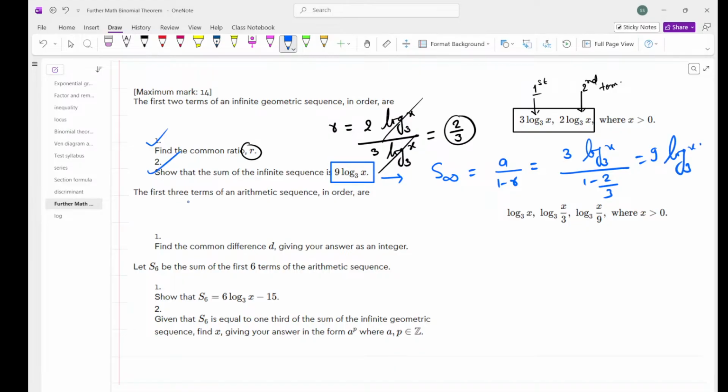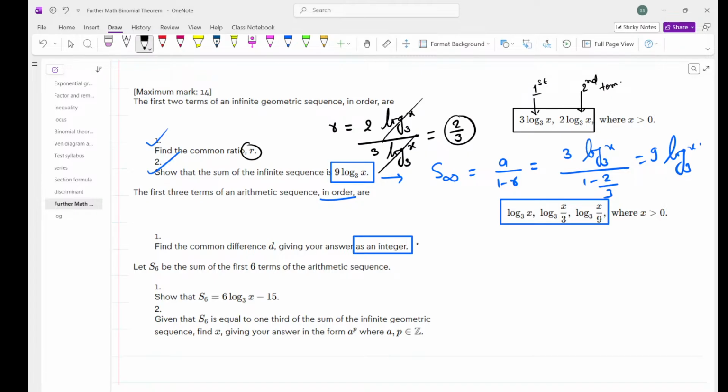Correct. The first three terms of an arithmetic sequence in order are this and this. Find the common difference d. Give your answer as an integer. The common difference is going to be log 3x over 3 minus log 3x.